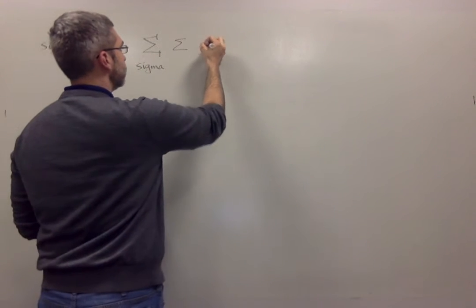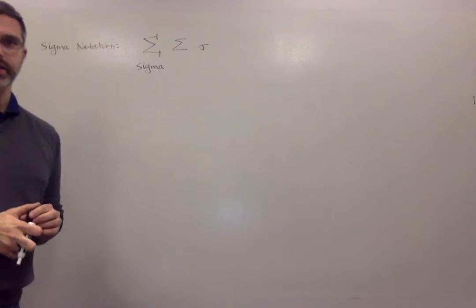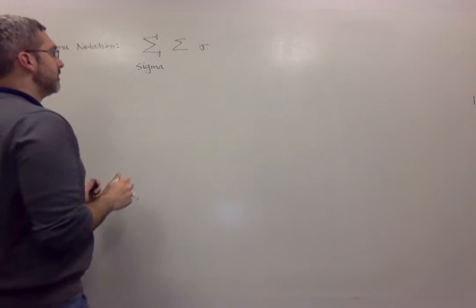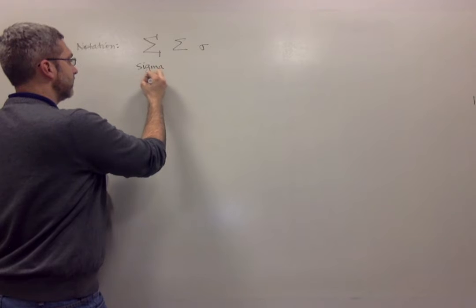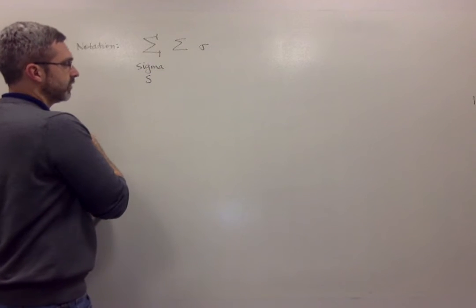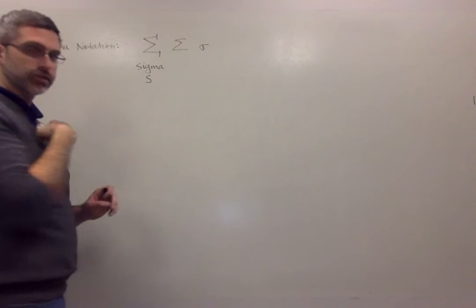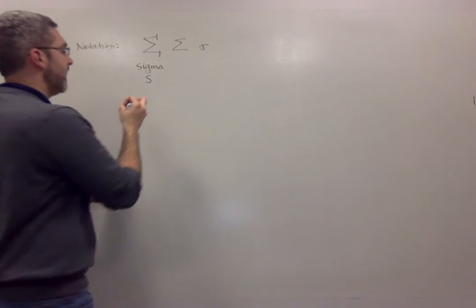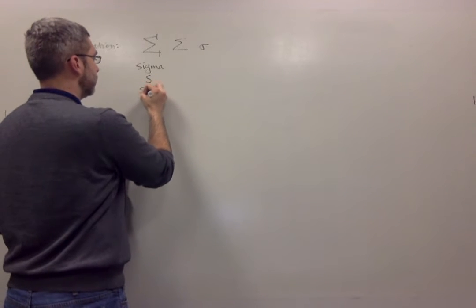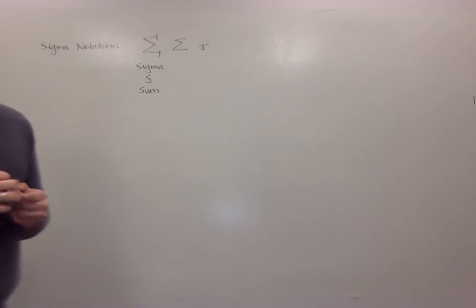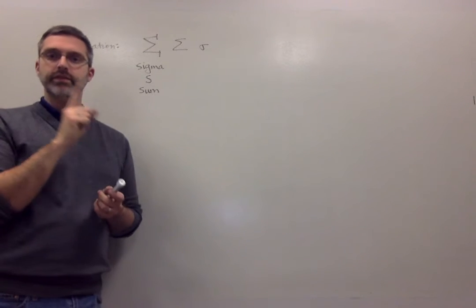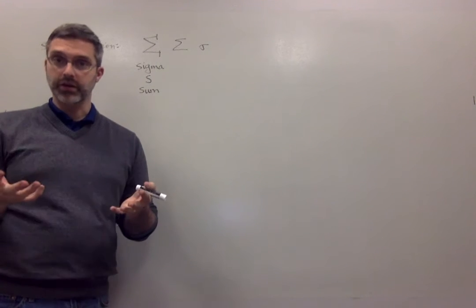Lowercase sigma looks like this, but we're not going to use lowercase sigma right now. But the capital or lowercase sigma in Greek stands for the Roman letter S, the English letter S, and S is the first letter in sum. So the sigma notation, this sigma typically means there's a sum going on of some kind.